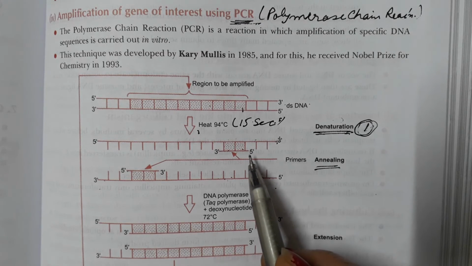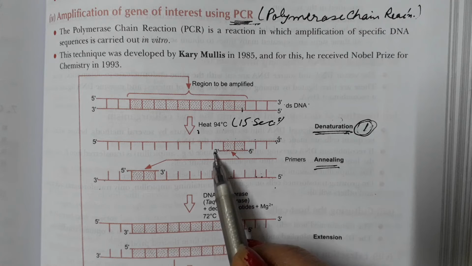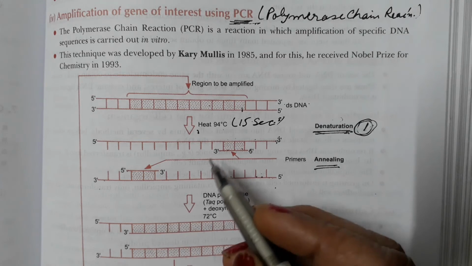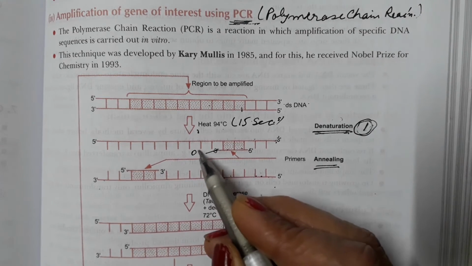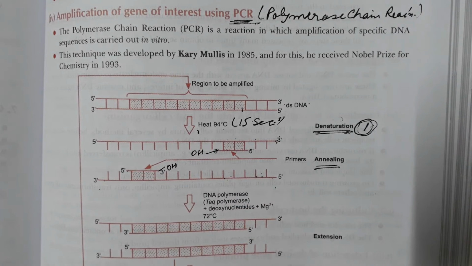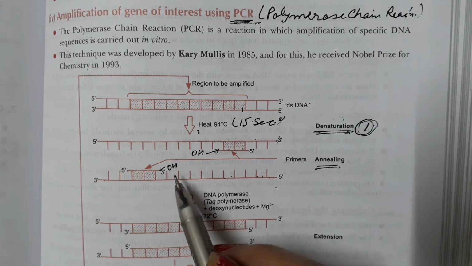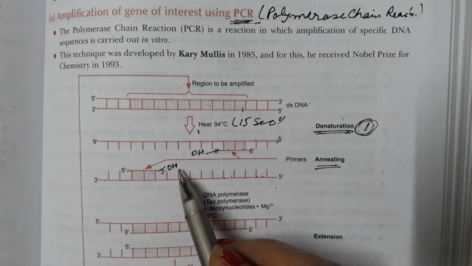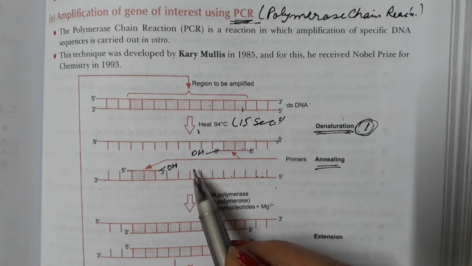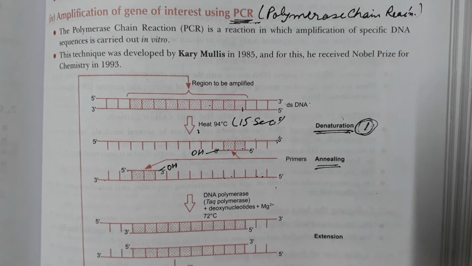Here is the direction of the primer. This is the 5' end and this is the 3' end. Towards the 3' end, a hydroxyl group is present on the primer. Now it is easy to synthesize a new strand of DNA. New nucleotides start attaching easily at the 3' end of the primer.